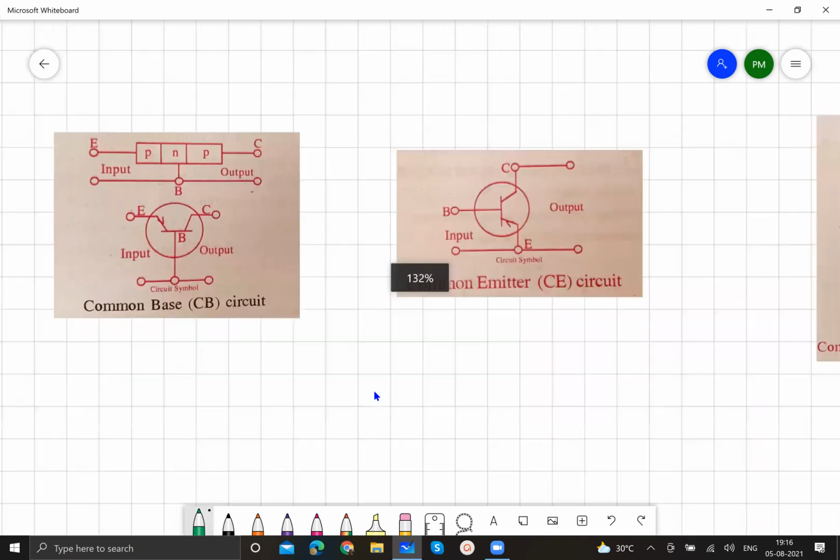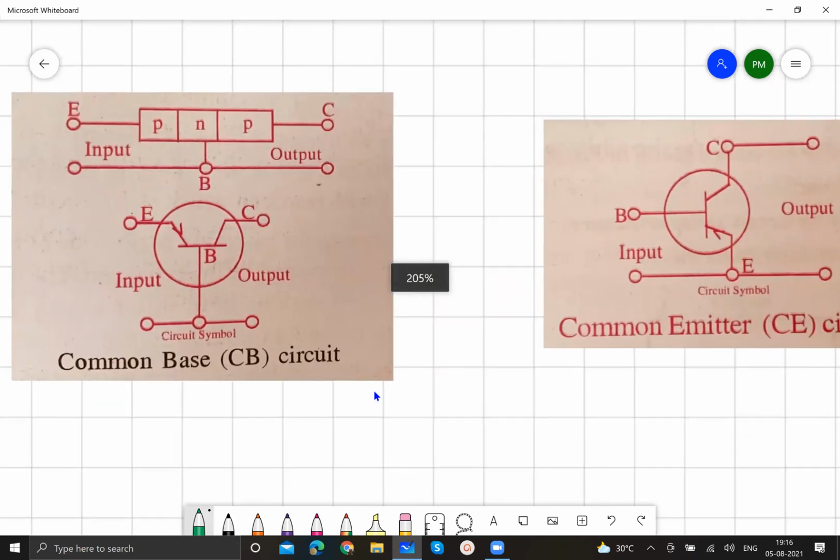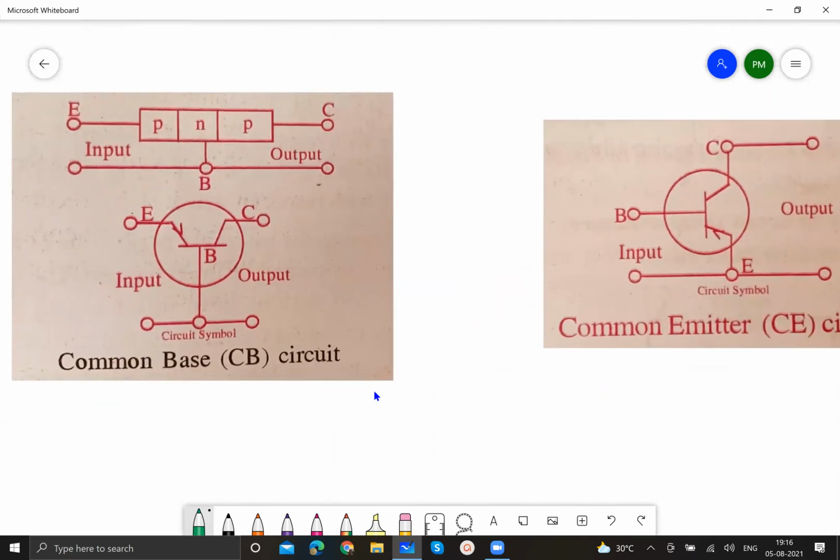The first one, what I explained just now, this is common base. A PNP transistor is shown. So this is the input voltage. It is applied across emitter and base. Are you able to see?